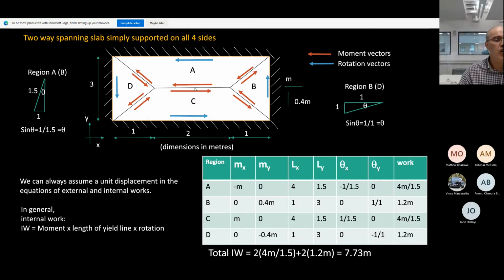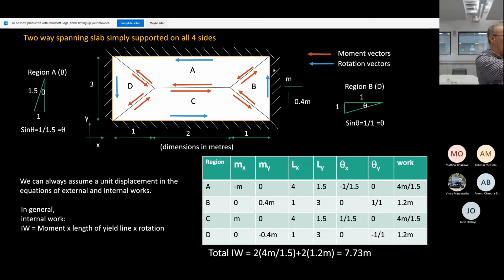No, look here. This is 1.5. Think about it in 2D in your head. This is 1.5, the displacement is 1 out of plane, and the angle that this region A rotates about this edge is theta.